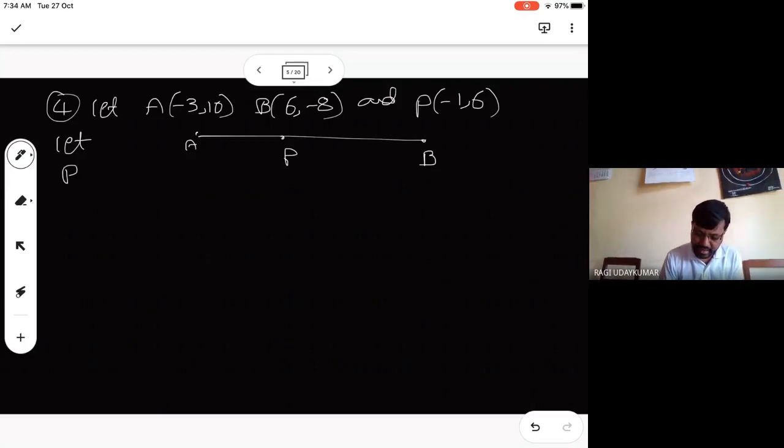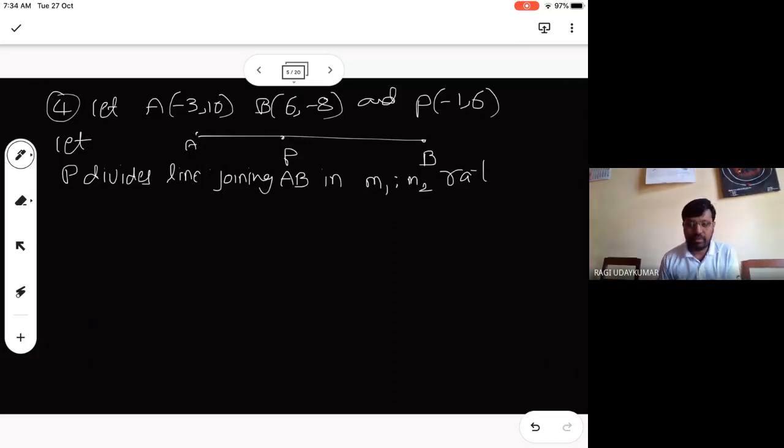So let P divide the line joining AB in the ratio M1:M2. Consider that. Therefore, the point P you can now find out as per the formula. For AB, consider this as x1, y1 and this as x2, y2.